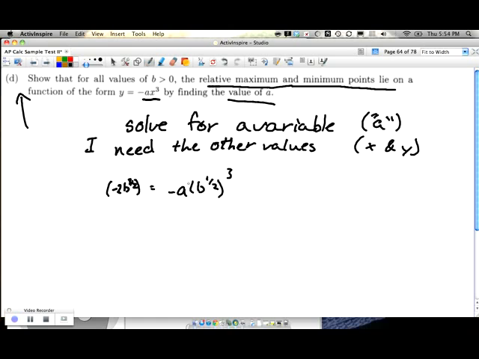Well, if I were to simplify this, I would get negative 2 times b to the 3 halves equals negative a times b to the 3 halves. Hey, that's kind of interesting. That means that negative 2 equals negative a, therefore a equals 2.